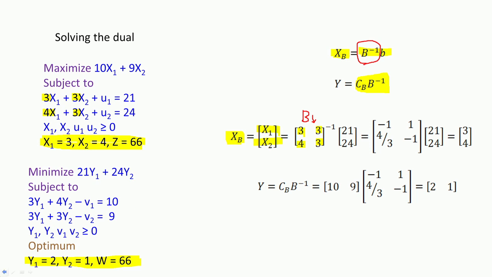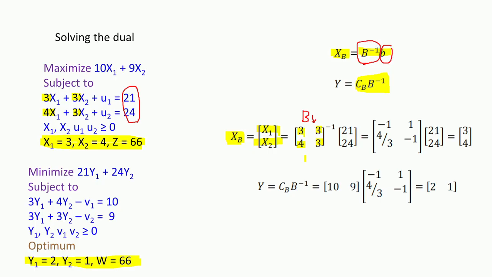So B inverse times small b, where small b is the right hand side. So now you can take this, invert this, and multiply with the right hand side. You could use some methods for matrix inversion.